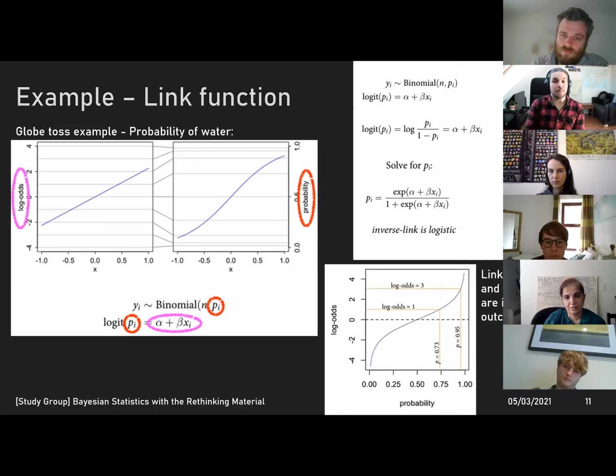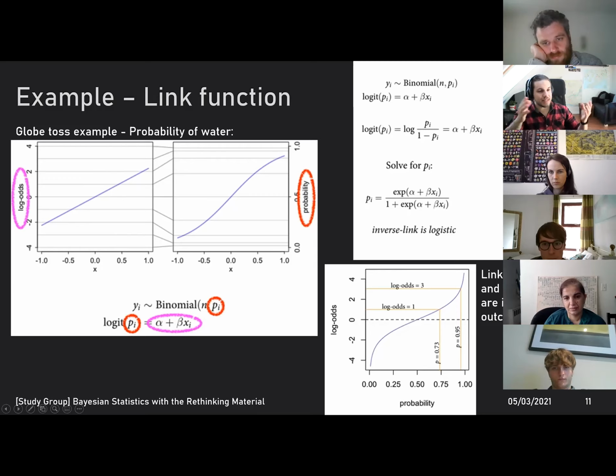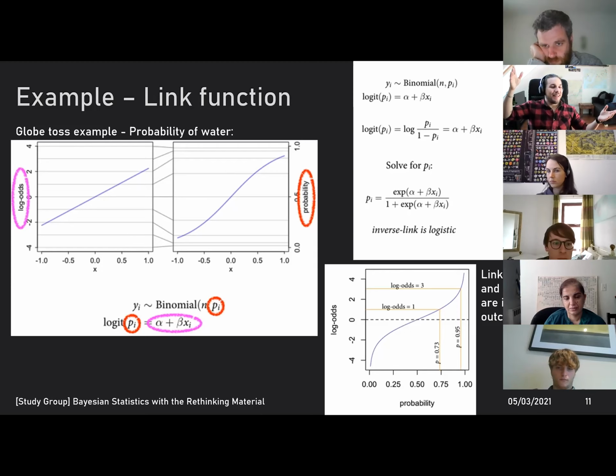Because if we then end up plotting log odds versus probability in the same space instead of left to right like we did here, we can immediately see how a certain value in log odds space relates to a certain value in probability space, where your linear model is free to go wherever it wants in log odds space, which you can see over here and over here, because it has that linear line, which can go wherever it wants beyond any bounds which may seem sensible.